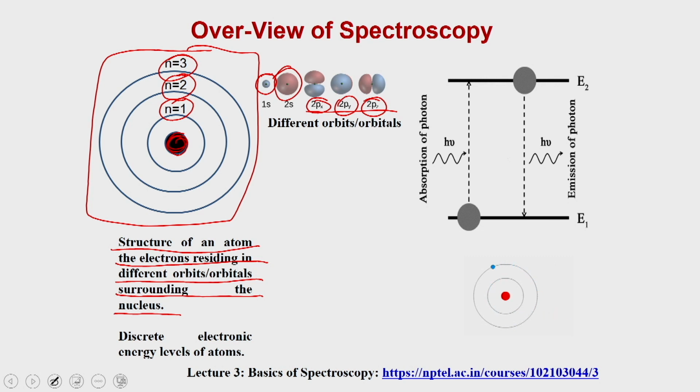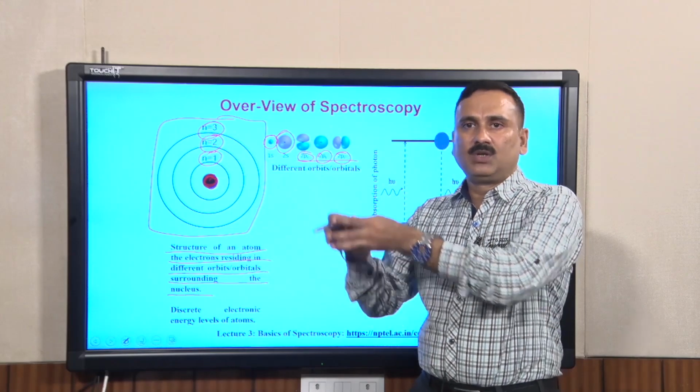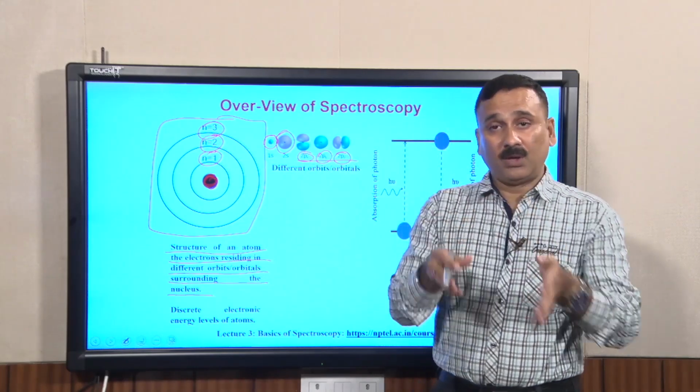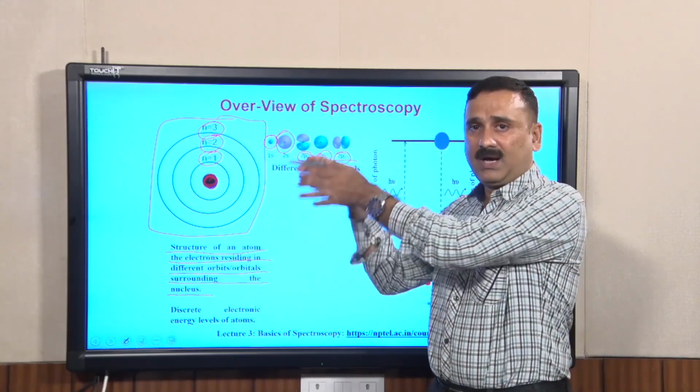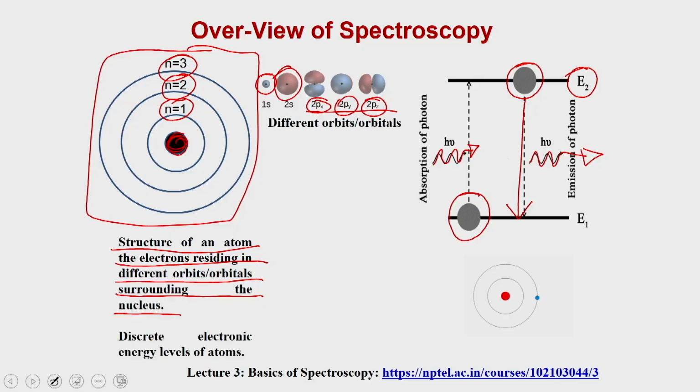So, if a molecule changes its position from a lower orbital to a higher orbital, it is going to absorb light. If it comes back from the higher orbital to the lower orbital, it is going to emit light. Now, you can see this in terms of an animation.